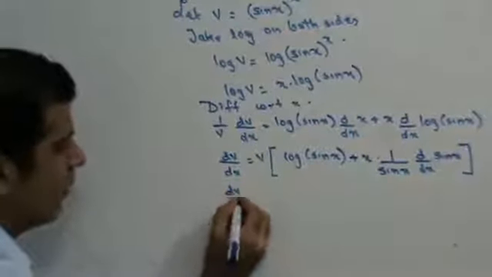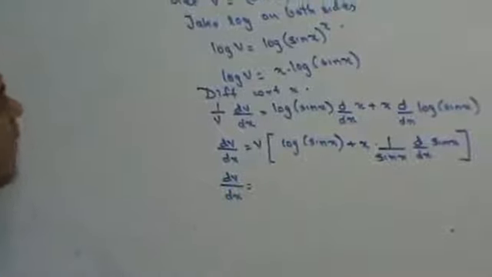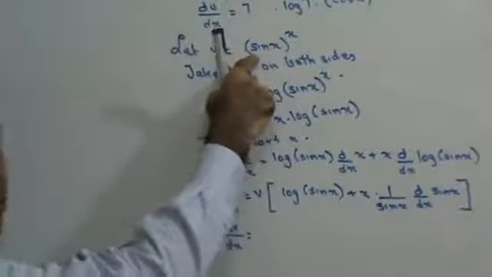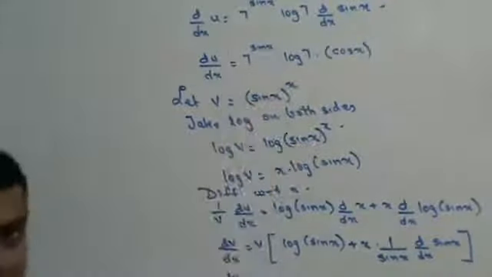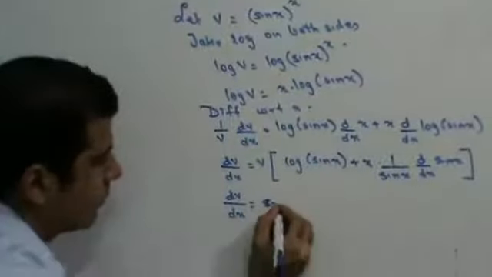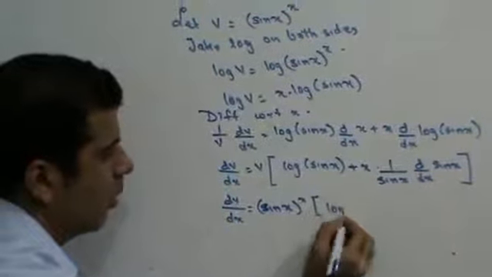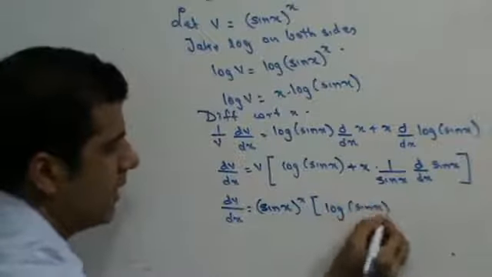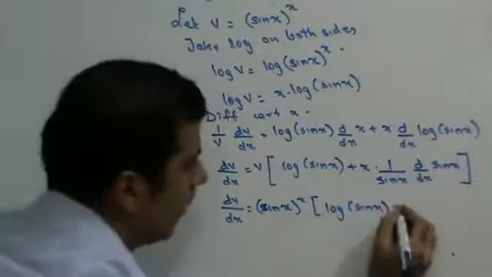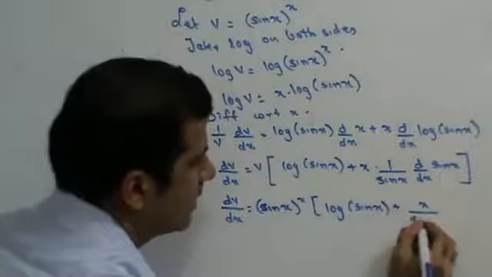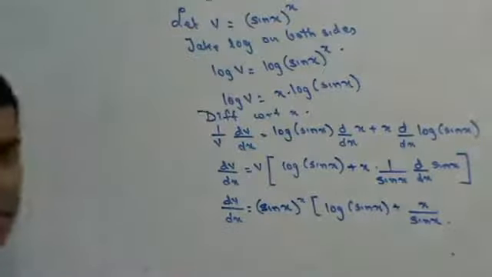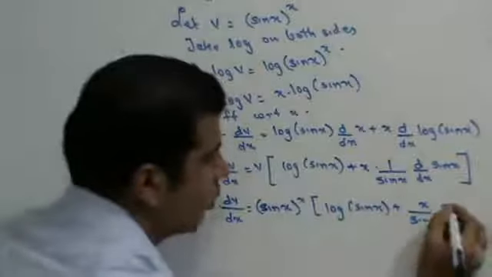We substitute the value of v, which is sin x raised to x. So sin x raised to x (log sin x plus x upon sin x times cos x).